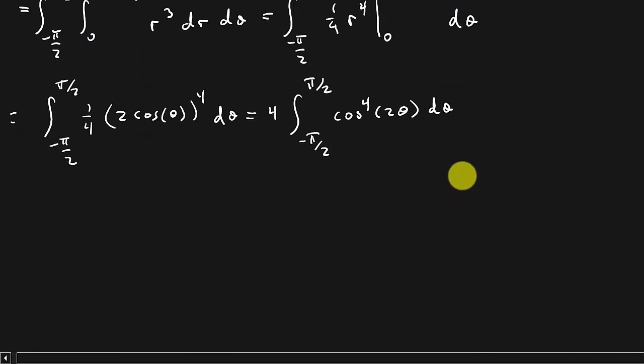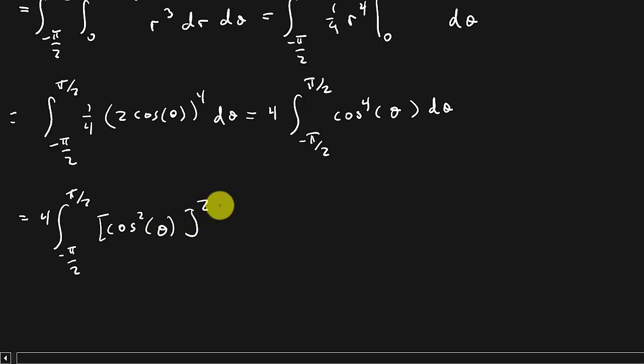So what I'm going to do is rewrite this as 4 times the integral from negative pi over 2 to pi over 2 of cosine squared theta, and remember, that's all squared, d theta.